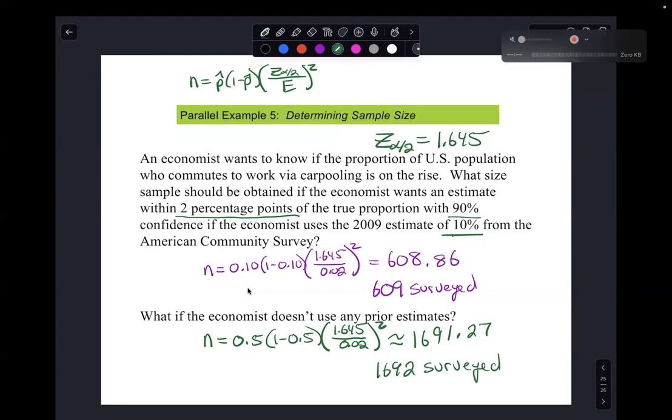A huge difference, isn't it? Yep, good job. So if you can find a prior example, it's a good idea to use that.